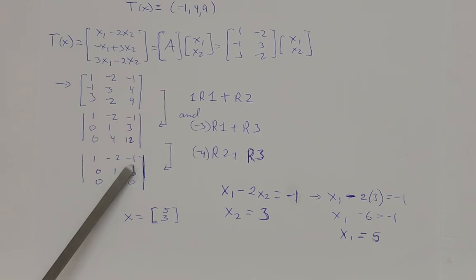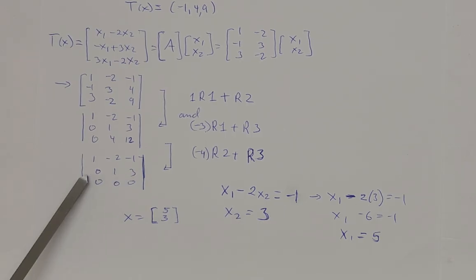Again, this first row is here. The second row is here. We know that x2 is 3. So take this 3, substitute into x2, which I wrote over here. And then I end up with -6. And then bring the 6 over by doing the opposite. So instead of -6, plus 6. So negative 1 plus 6 gives me positive 5. So our solution is 5, 3.